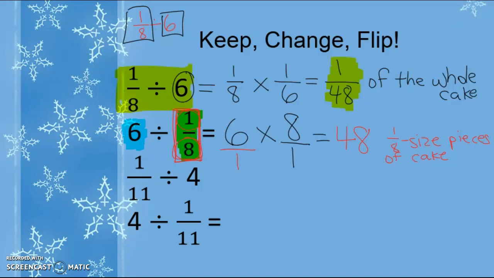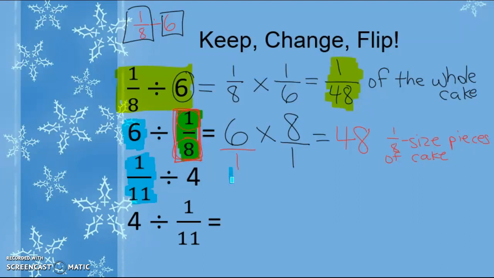Let's try another one. Stephen runs 1/11 of a mile and he wants to do that over 4 days. Now I know Stephen can run much further than that in one day, but he wants to run a total of 1/11 of a mile, and he's going to split that up. Here, notice the word split that up over 4 days.